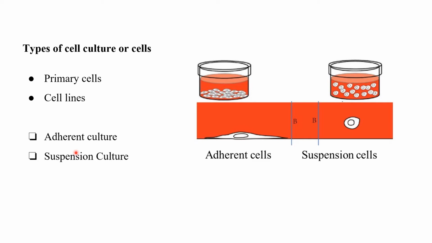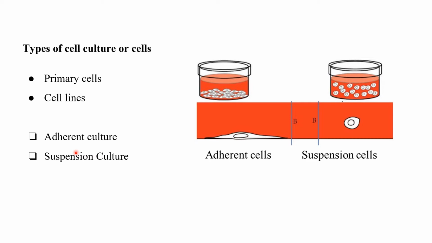They grow only adhered to the surface of the plate, because they create extracellular matrix, and because of that they adhere to the wall of the petri plate or the flask. So it's also called anchorage dependent. They need to anchor on the surface, or be clumped, so that they can grow and divide.